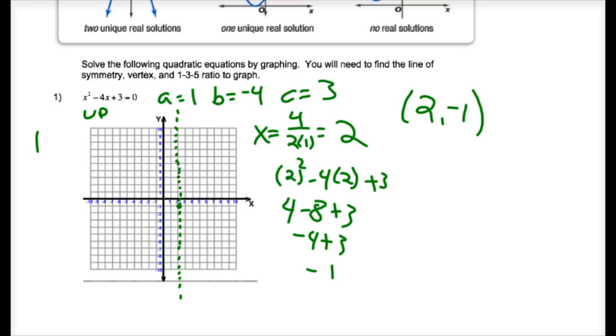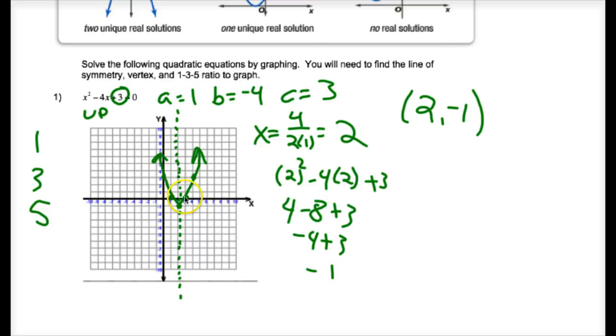Is the 1, 3, 5 pattern going to change? No. Why not? Because a equals 1. So I'm going to go up 1 unit and over 1, and up 3, and so on. Check it with the y-intercept. Where is the y-intercept? 0, 3. Very good, Kat.